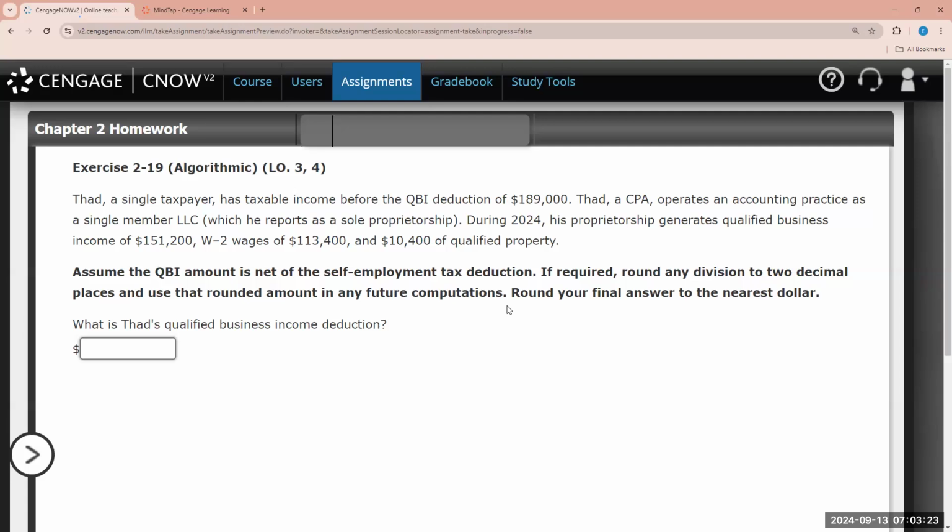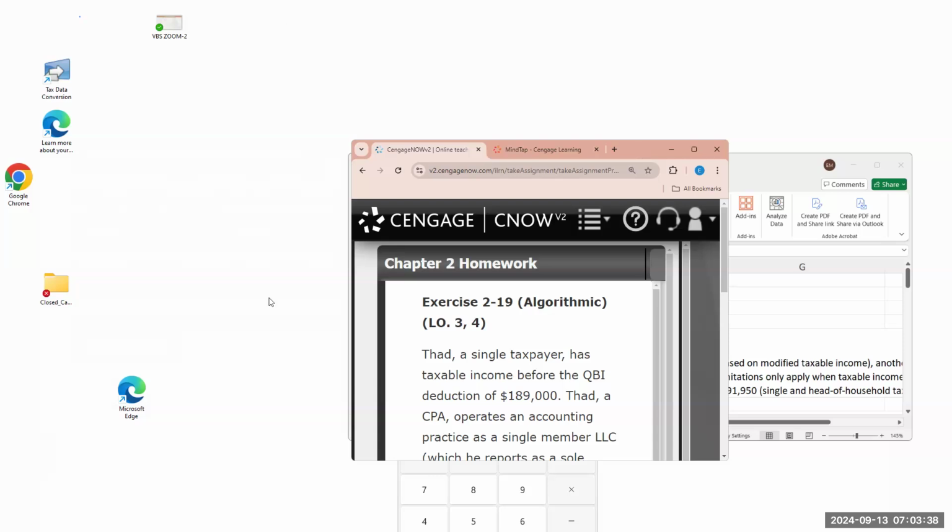All right, so in this example, there's a lot going on, right? There's a lot that we need to consider. So I'm going to pull up this Excel spreadsheet and we'll work through it side by side.